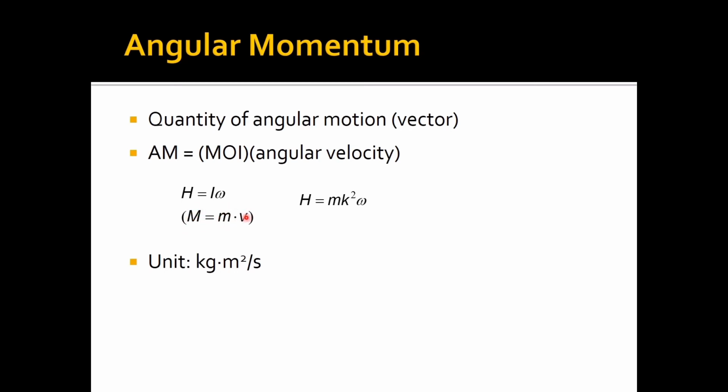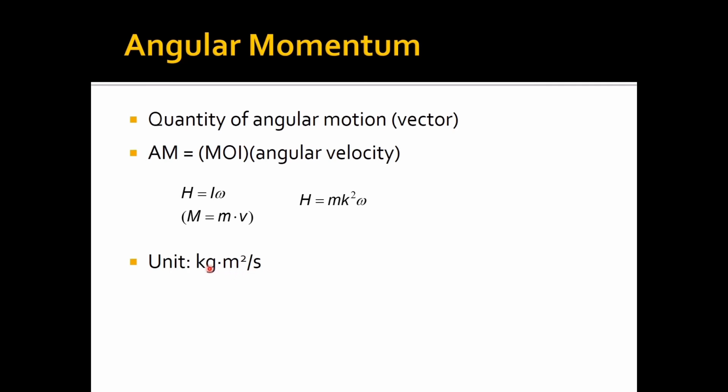As you learned, moment of inertia is mass times radius of gyration squared, so m k squared, and omega is angular velocity. The unit of angular momentum is kilogram times meter squared per second.